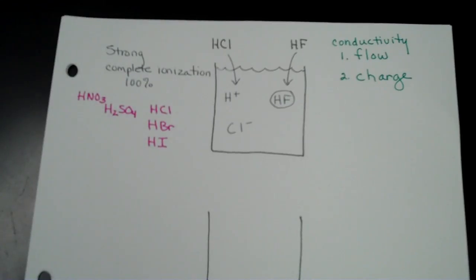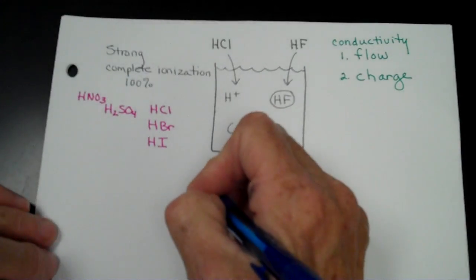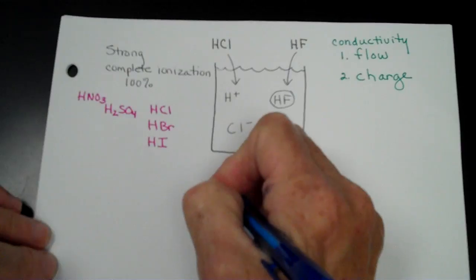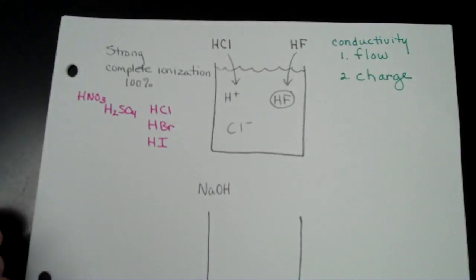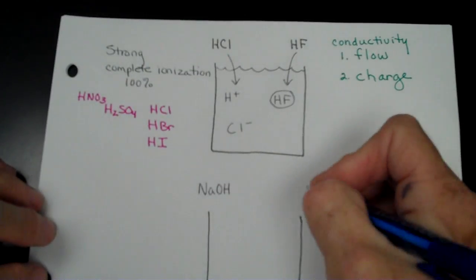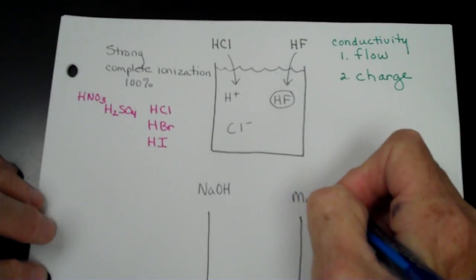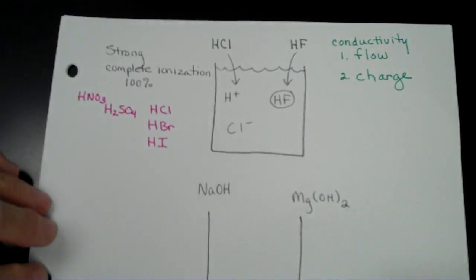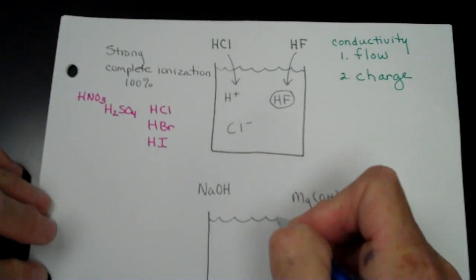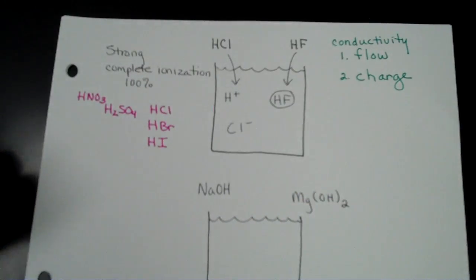What about bases? Because that's another category. And so, if we are looking at bases, we have something very similar going on. Let's look at some sodium hydroxide. And let's look at something like magnesium hydroxide. Now, we have a different type of problem here.